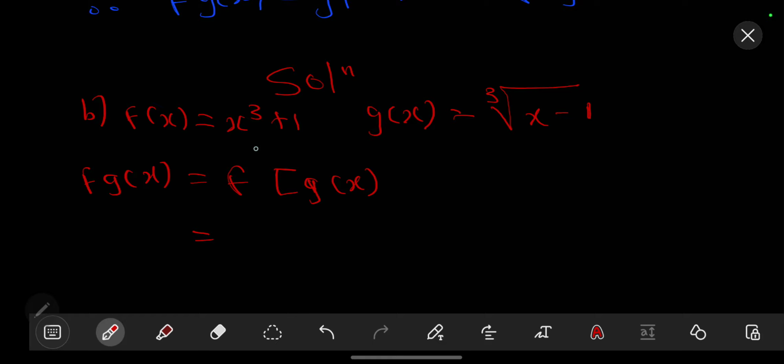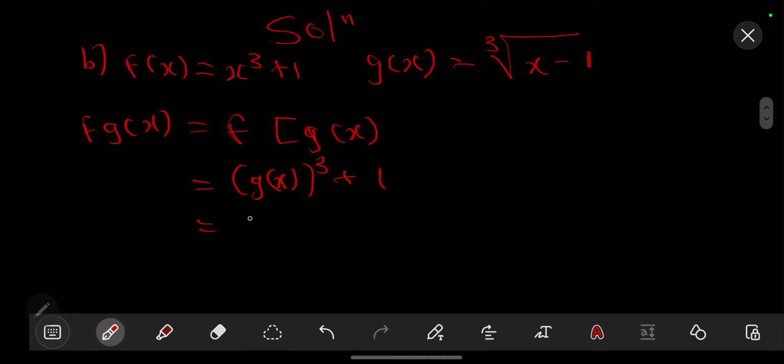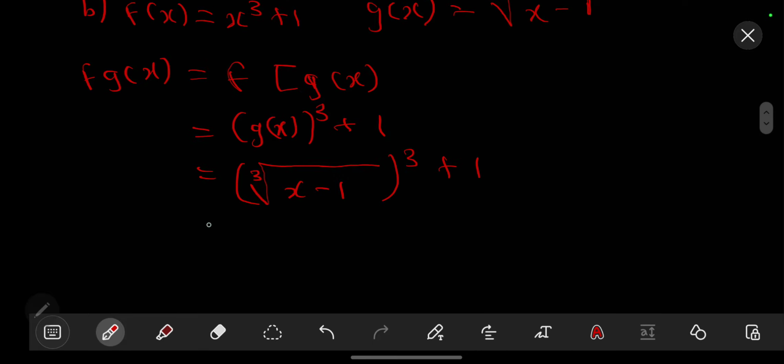So where there is x there, we are going to put g of x. Now this is raised to the power of 3, then we have plus 1, like that. From here we are going to substitute. Our g of x is equal to the cube root of x minus 1, then we have the power of 3, then we have plus 1.